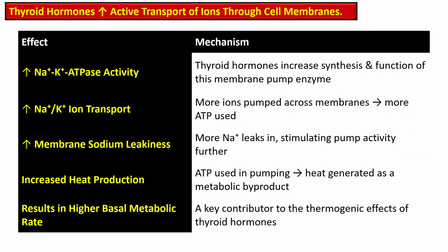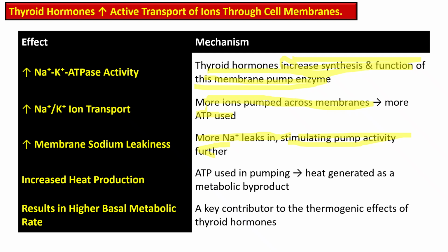So how does thyroid hormone boost ion transport and heat production? There is increased sodium potassium ATPase activity. They increase the synthesis and function of the membrane pump enzyme. There are more ions pumped across the cell membrane and more ATP used, and there is also more sodium ion leaked in, stimulating the pump activity further.